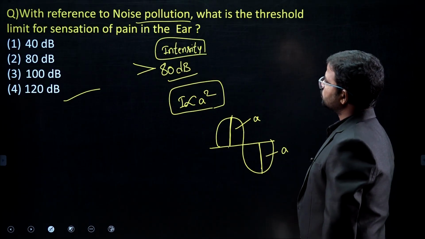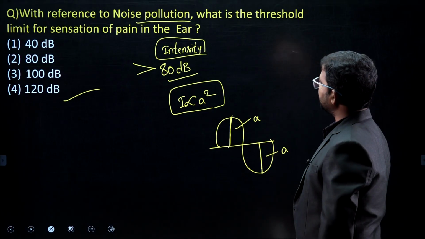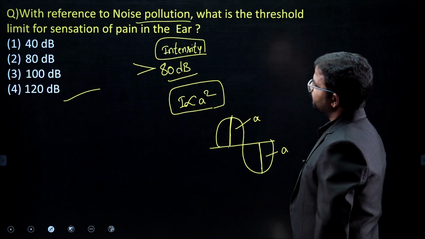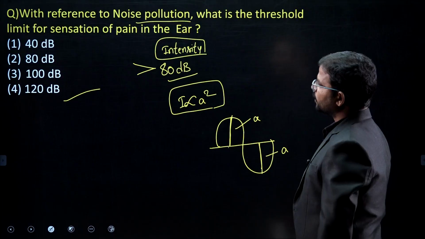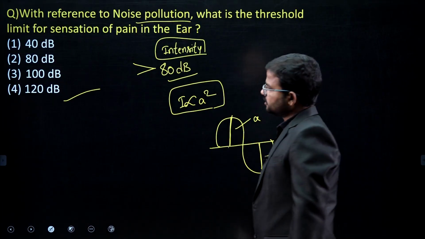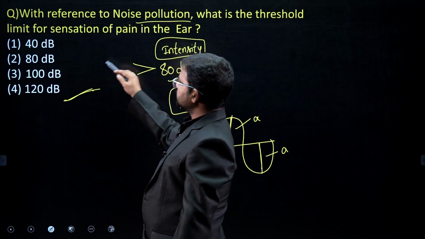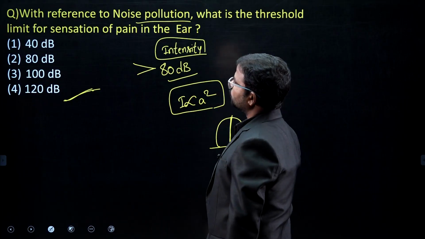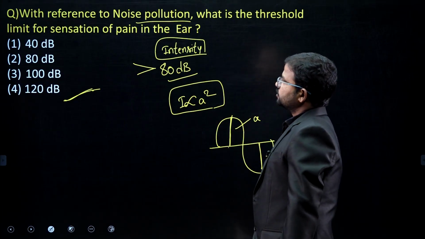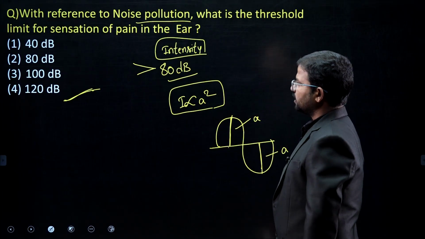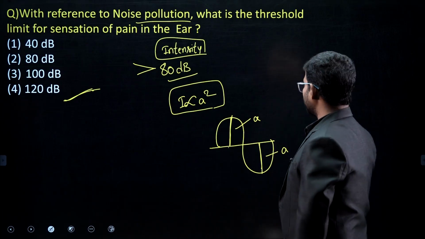With reference to noise pollution, noise pollution means more than 80 decibels. So 120 decibels is the correct answer. The reason is, this is the threshold limit for sensation of pain in the ear.